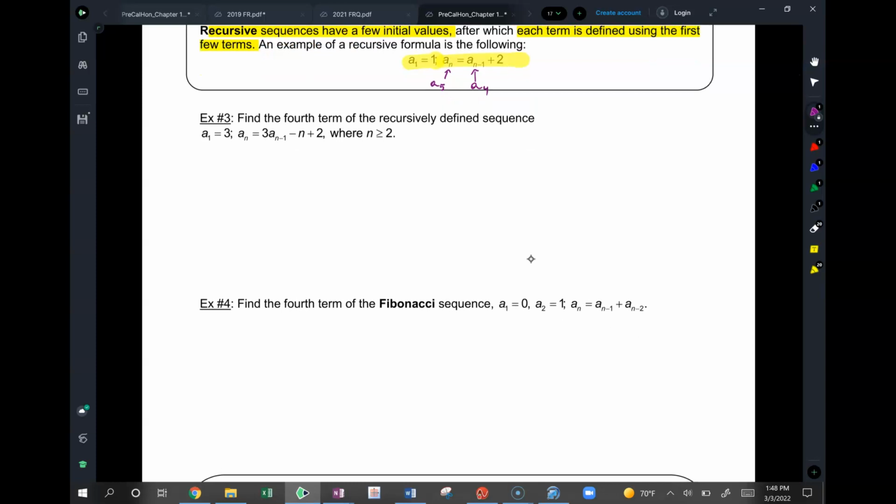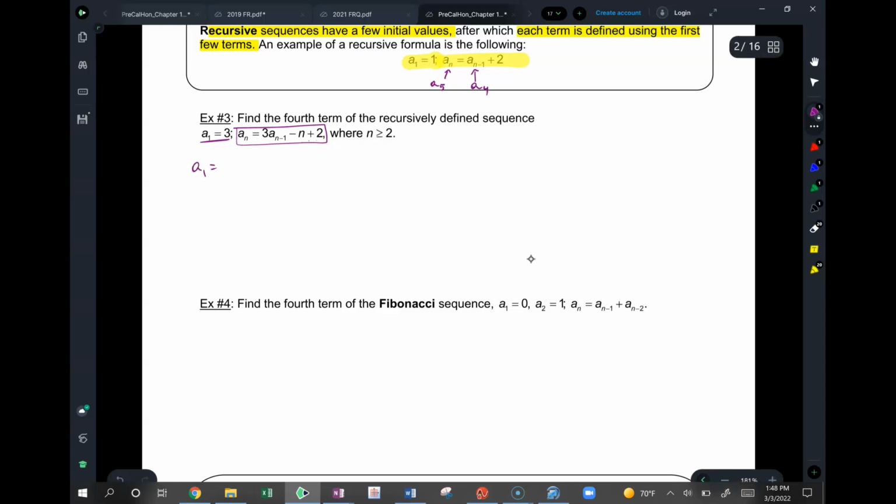So take a look at what we're going to do here. We want to find the 4th term of this recursive sequence. A1 is 3. Okay, that one you're given. That's your starting point. A sub n, now this is what we're going to use. The next term is 3 a sub n minus 1 minus n plus 2. Okay, so let's see. We have a1 there.